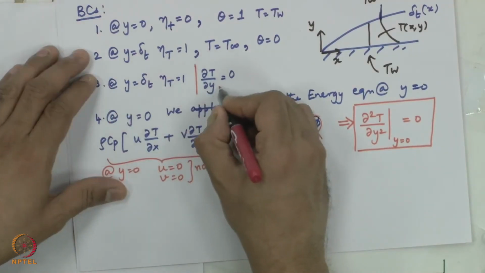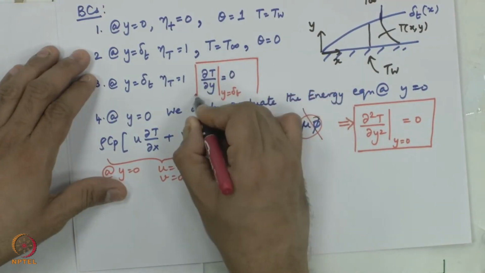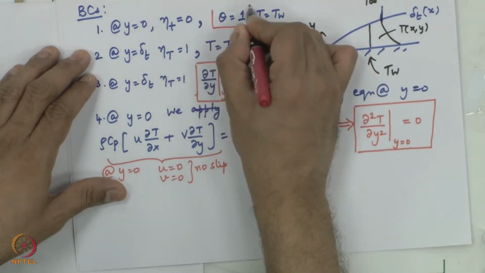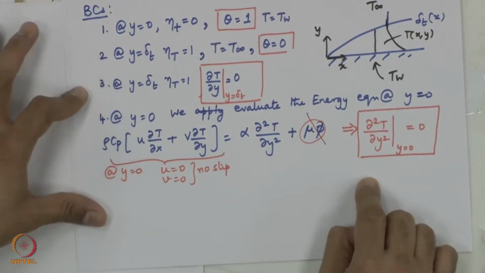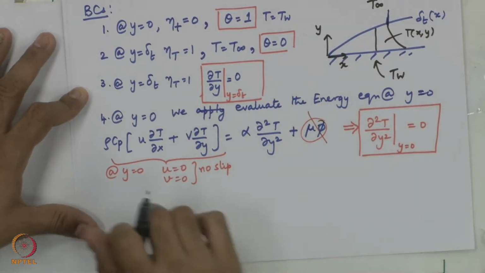Third boundary condition, at y equal to delta t, dT by dy equal to 0. This is the other boundary condition. So, 4 boundary conditions are there, and using this I should be able to get the coefficients. What do I do for that?